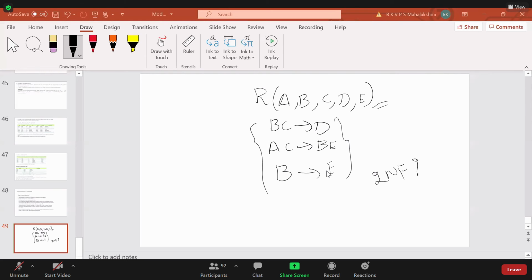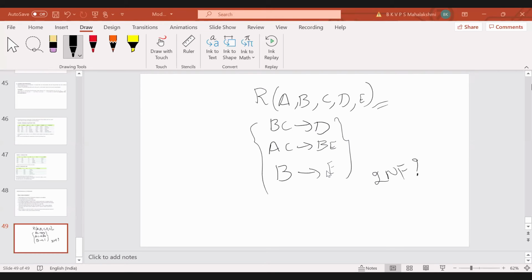So tell me now, among these three, which one will be the candidate key? BC will not derive anything. Okay, AC? Yes, ma'am. AC, yes. B? No, ma'am. So you can say that AC will be the candidate key.